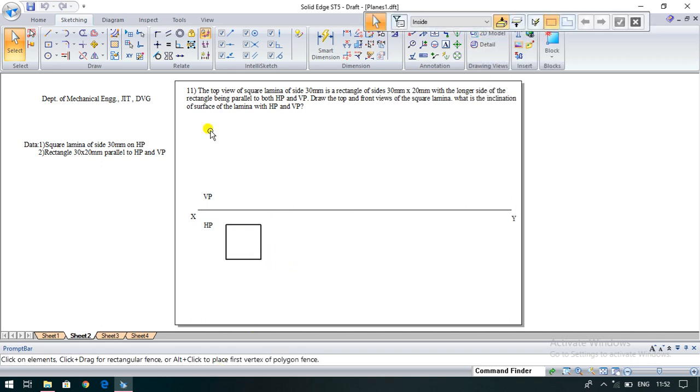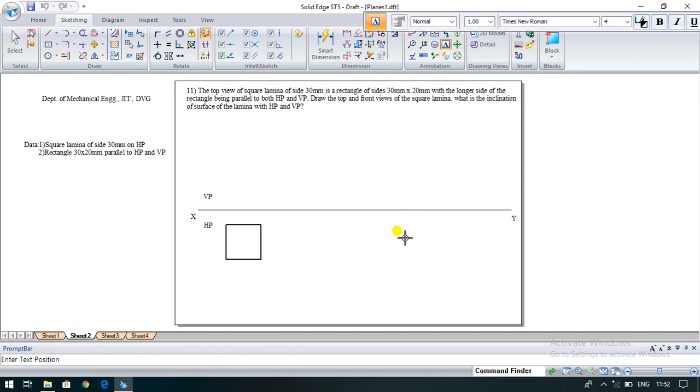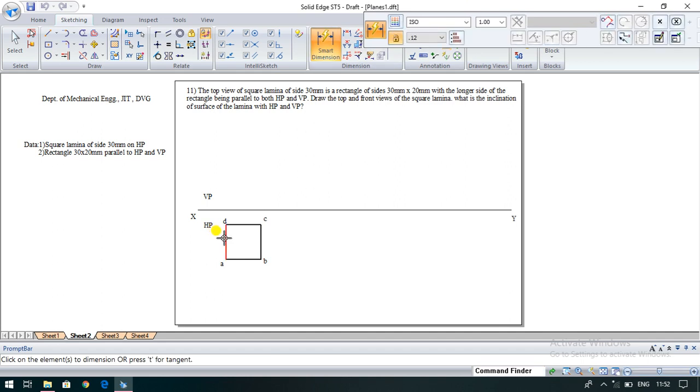So give the namings for that: A, B, C and point D. And show any one dimension in the plane, that is the 30 mm exactly.